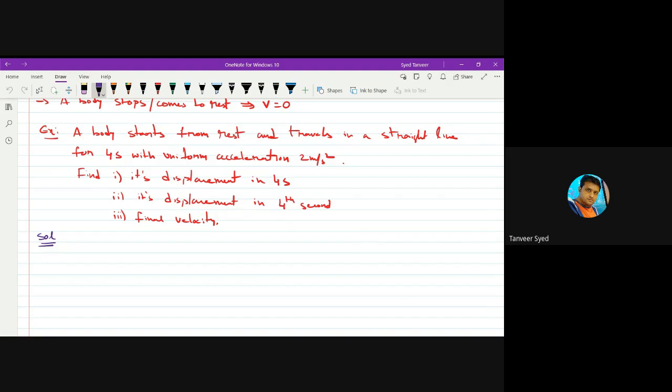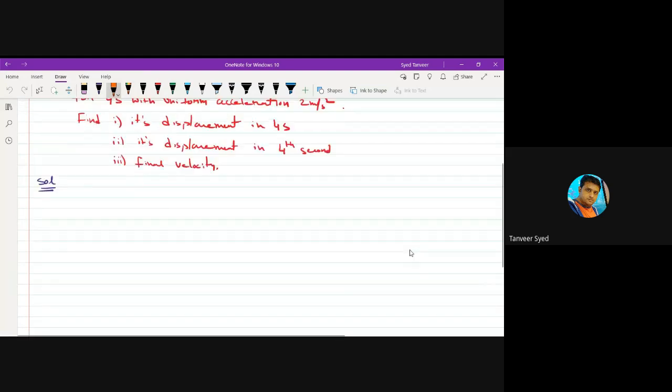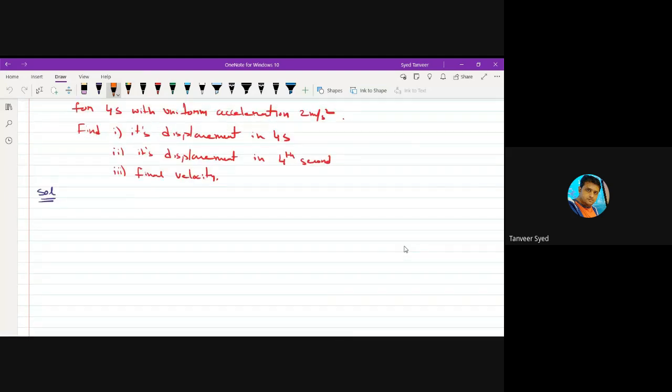This is the standard procedure in problem solving. I think we should note down this process, because this is a universally applicable procedure to solve any problem, not only in physics, in any subject, mathematics or chemistry, wherever you have numericals to solve. This is the procedure that you should adopt.